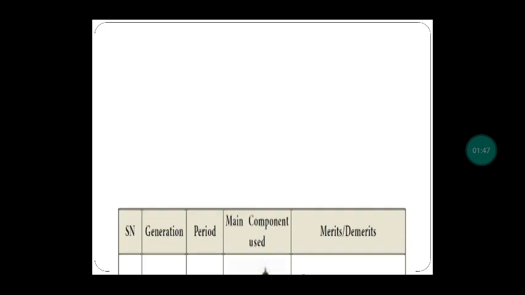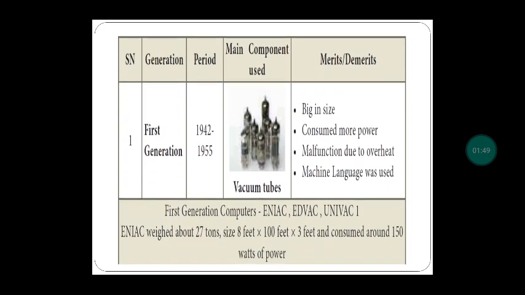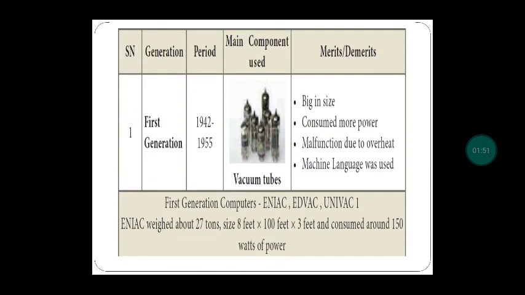Next, we will see the various generations of computers. According to the performance of the computer, it has been classified into 6 generations. Let us see the first generation of computers. The first generation period is 1942 to 1955.